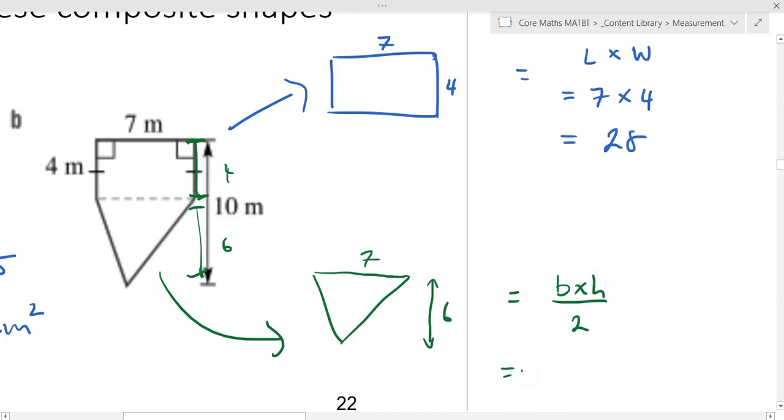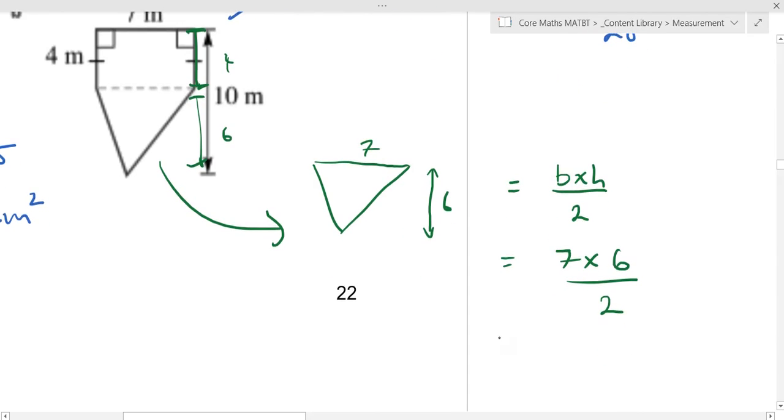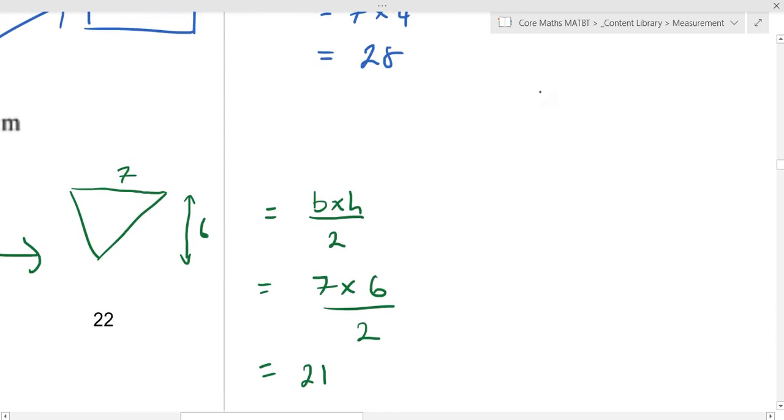So according to this, my base, that length there, is 7. My height is 6. Divided by 2. And that should equal 21. Okay, so adding them up, you've got final answer 28 plus 21. Remember that's your rectangle, that's your triangle. Adding them together, the total area is 49.